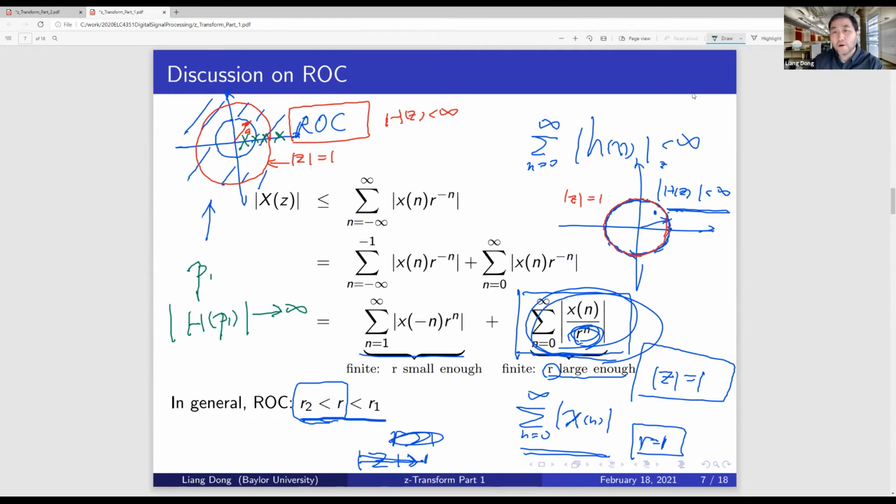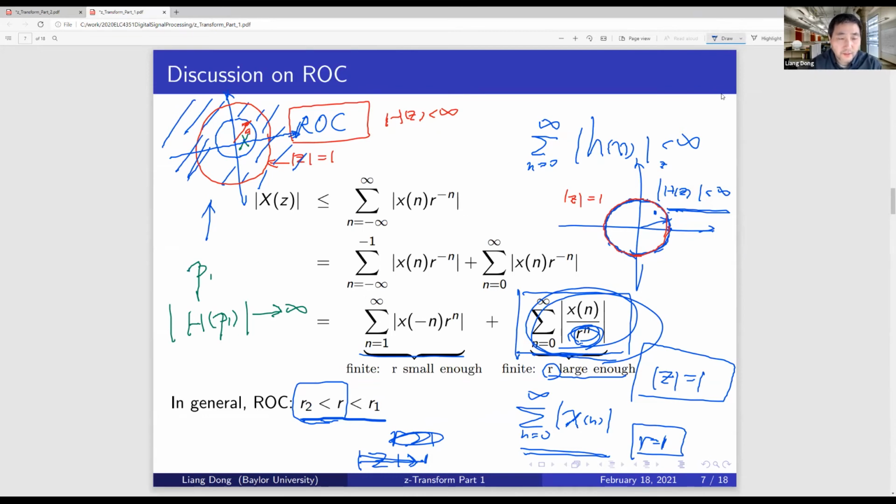You drop into a pole, it becomes infinitely large. The pole is not in the region of convergence. If it were in the region of convergence, H(z) would just be finite, and that's not the definition of a pole. Therefore, the pole should not be in the region of convergence. So it will not be here, not here, and the pole has to be inside here.